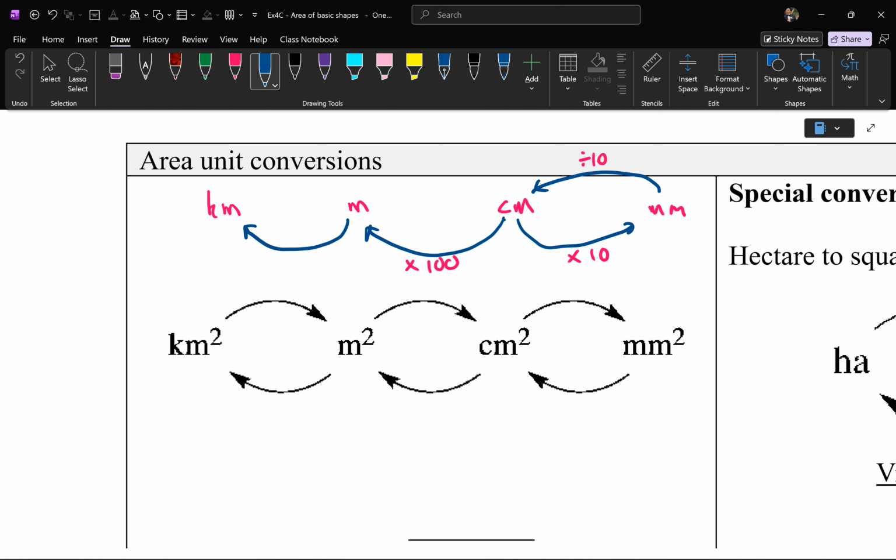How many meters makes a kilometer? 1,000. So this then should be times 1,000 because I need 1,000 of these meters to make a kilometer. So when you go backwards, that's why this one is divide. And then this one is then divide 100. So most students will memorize that to some degree.